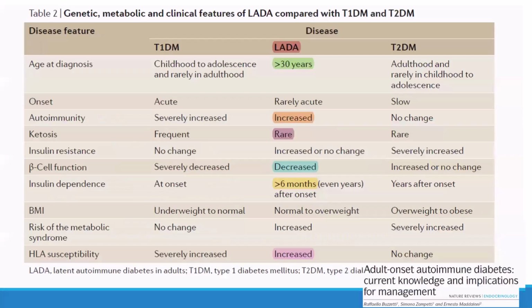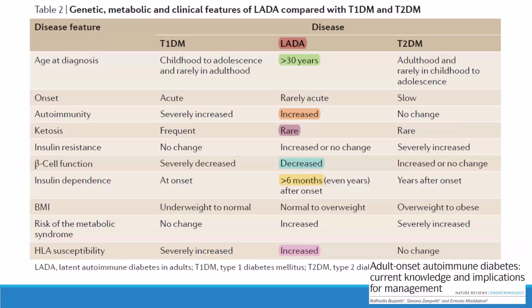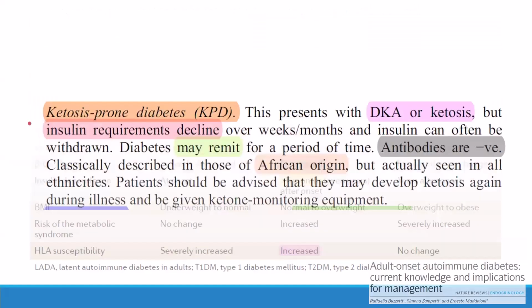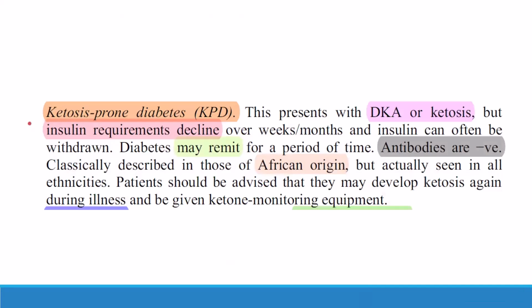As we mentioned previously, I will cover LADA in the next session, but don't forget again, LADA has positive autoantibody like type 1 diabetes mellitus. In type 2 diabetes mellitus, the autoantibody is positive in about 5%. Ketosis-prone diabetes, I will cover next Friday, inshallah.